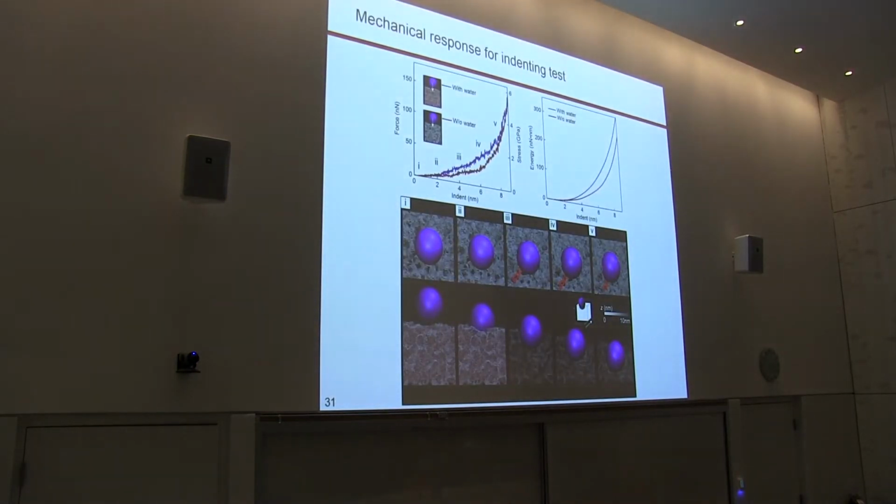Also, I tested the energy absorption of the material by using a nano indenter to penetrate or deform the porous material and see how much energy it can absorb during this indentation process. I can also immerse this porous material in water and see how the diffusion of water contributes to the energy absorption.